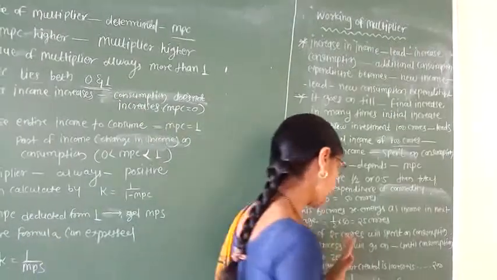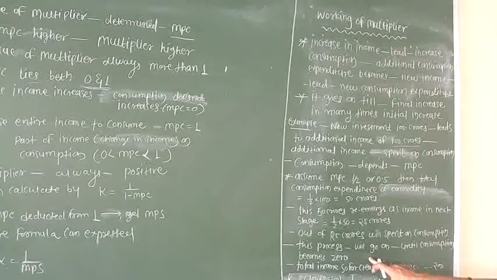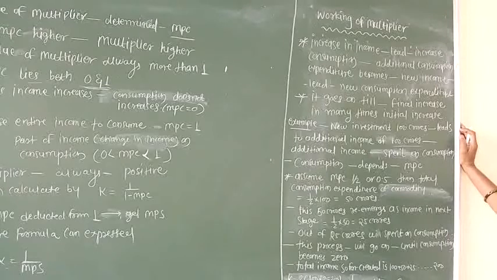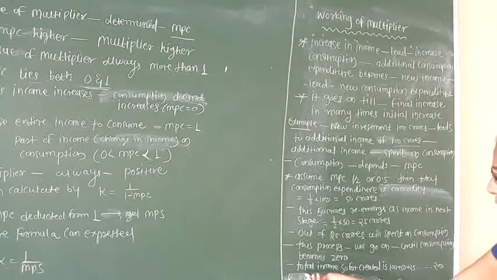So students, the process of the multiplier goes on until the consumption becomes 0. The total income created is 100 plus 50 crore plus 25 and so on, till 200 crores.